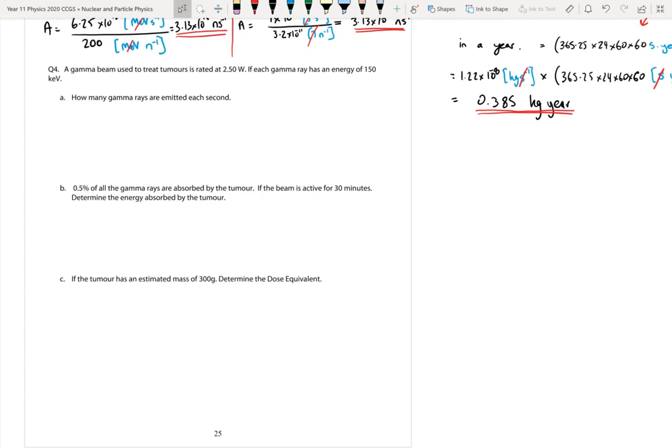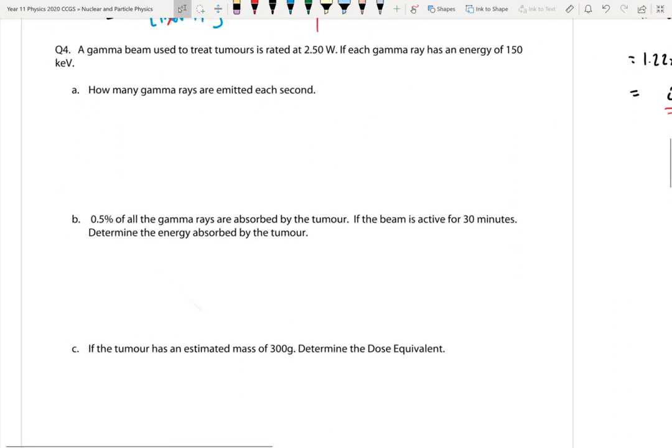Could you then turn that into joules per kilogram here? Oh, let's try it. Joules per kilogram, yeah, because it'd be power. The joules cancelled when we multiplied or divided the power by the activity per event.